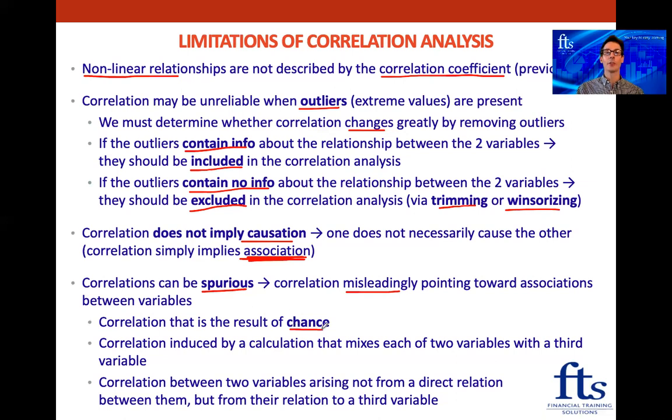I read a good example once, where in a state in America, very, very often when it snowed, the stock market went up. That is just correlation as the result of chance. So we shouldn't use that to make an investment decision. Whenever it snows in that certain state, we should go and invest in the stock market. That is correlation that is the result of chance.